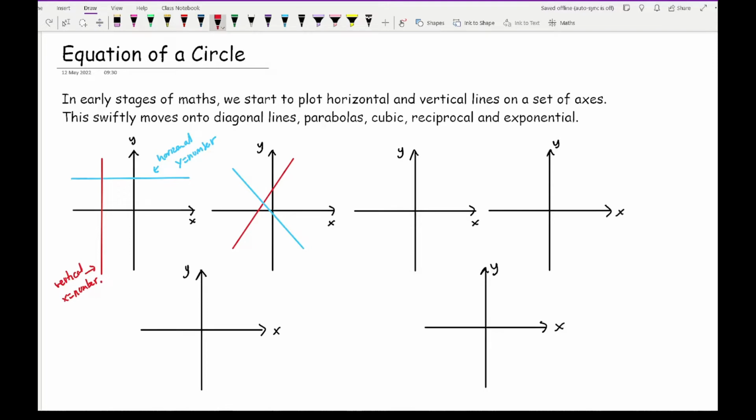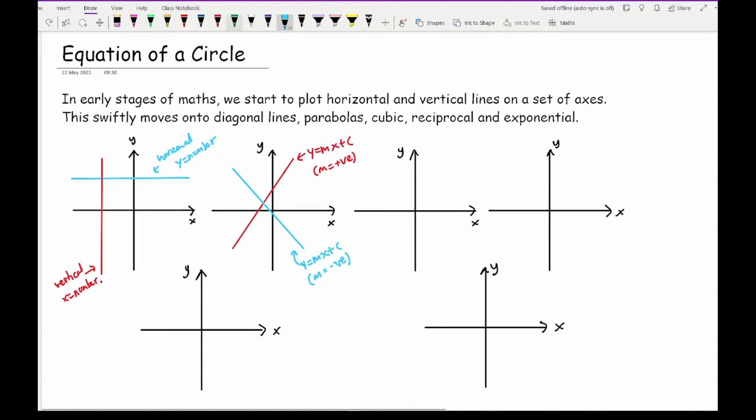We then move on to diagonal lines, so then we start moving on to y equals mx plus c, and that's when m is positive, and we can have again y equals mx plus c, and this is where m is negative.